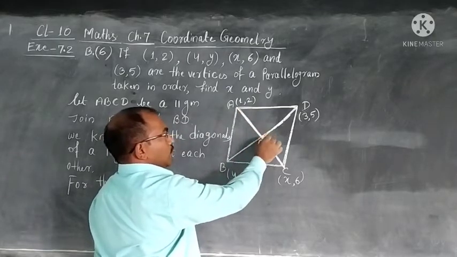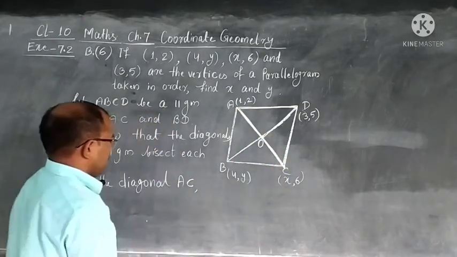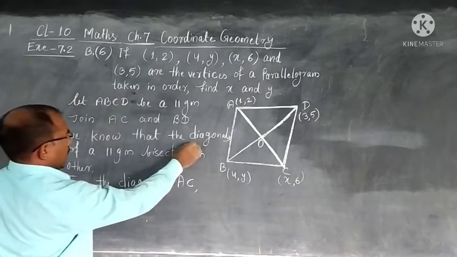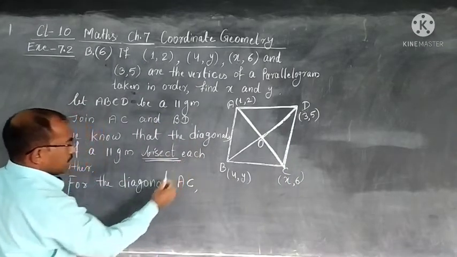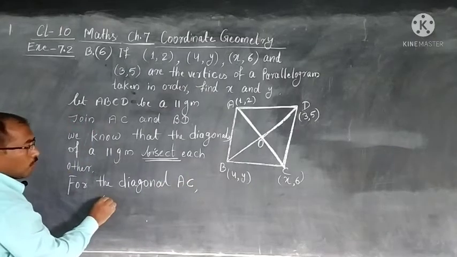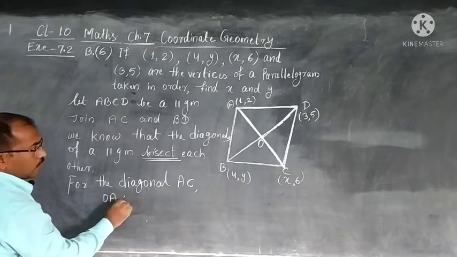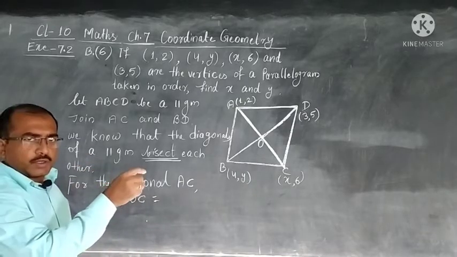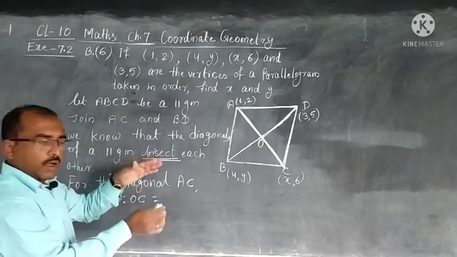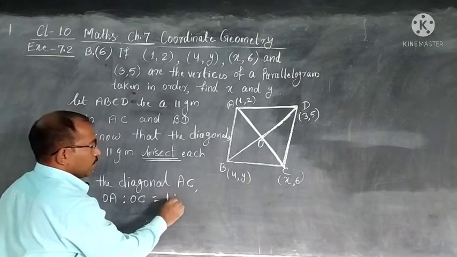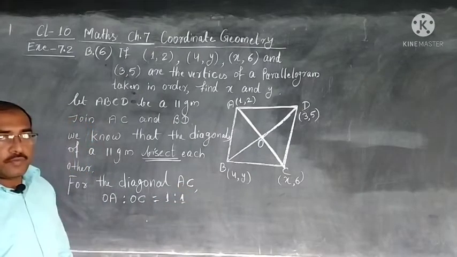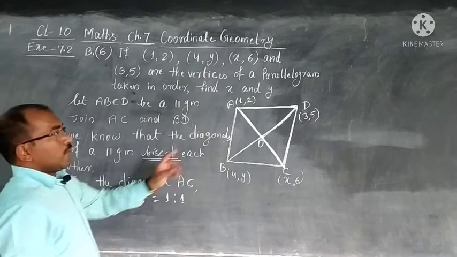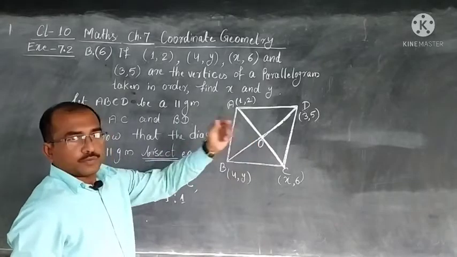What will be the ratio OA to OC? Since the diagonals bisect each other, O is the midpoint, so the ratio will be 1:1.